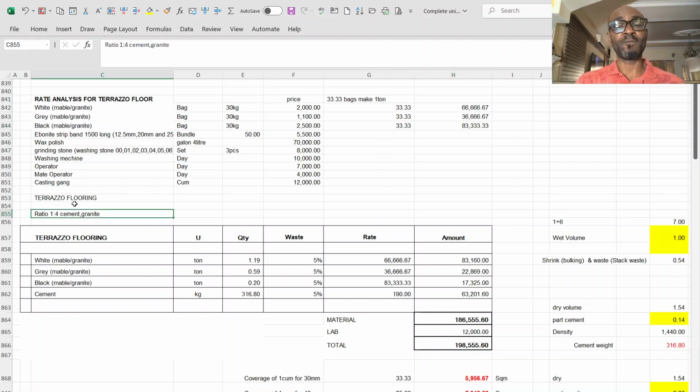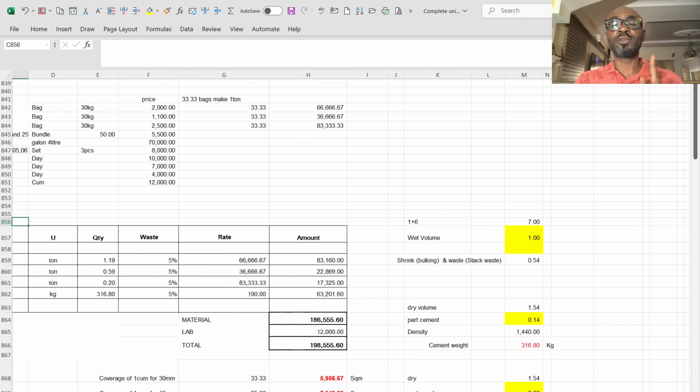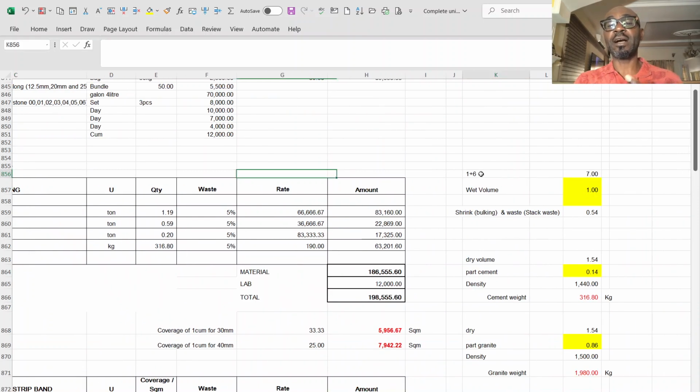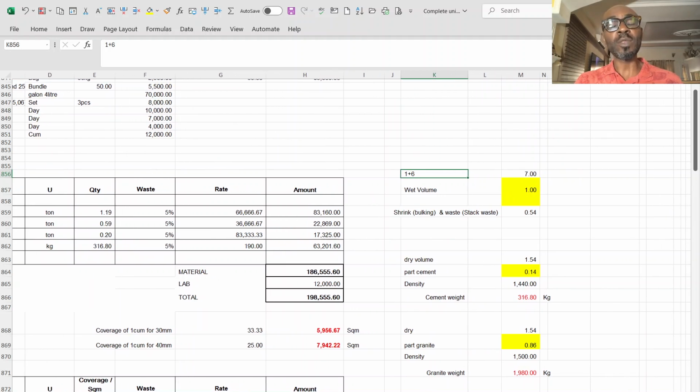So having understood this aspect, and mind you, in this illustration we are undertaking, the design mix is a 1:6 grade of concrete. So for us to get the material for 1:6 grade of concrete, if you have watched my video for concrete analysis, you can quickly gloss over this.